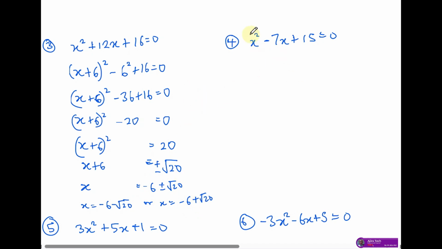Number 4. What if the middle one is negative, or what if the middle one is not an even number? x minus half of 7. I don't want to write 3.5, so let me write it as a fraction, 7 over 2 in bracket squared. Whatever is there, minus that 7 over 2 squared plus 15 equal to 0.